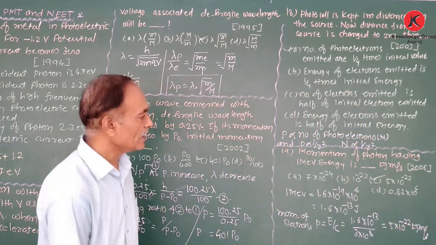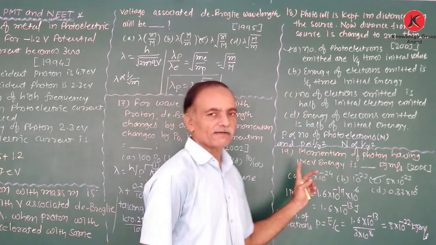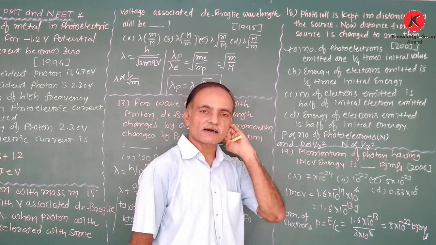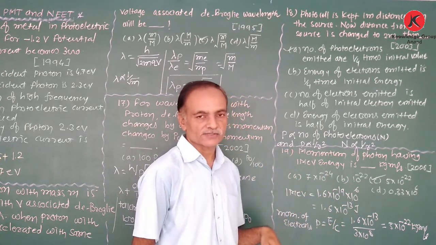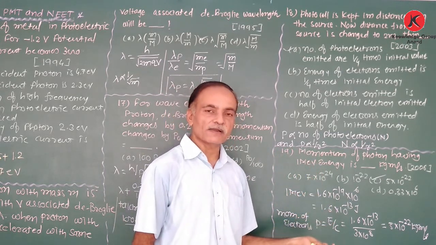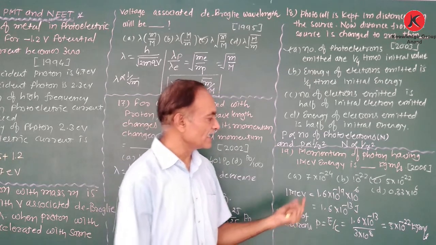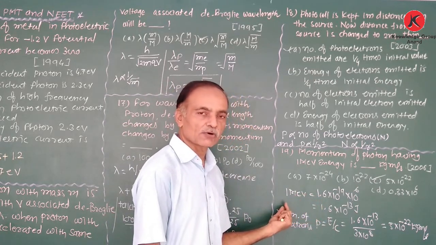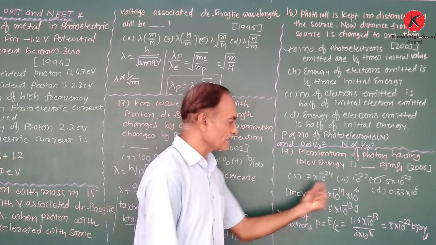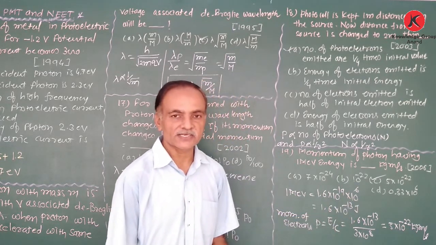Here the momentum of a photon having 1 MeV energy is given. So 1 eV is 1.6 into 10 to the power minus 19 joule, corresponding to 1 electron volt. But here the mega electron volt is given, so again multiply by 10 to the power 6.